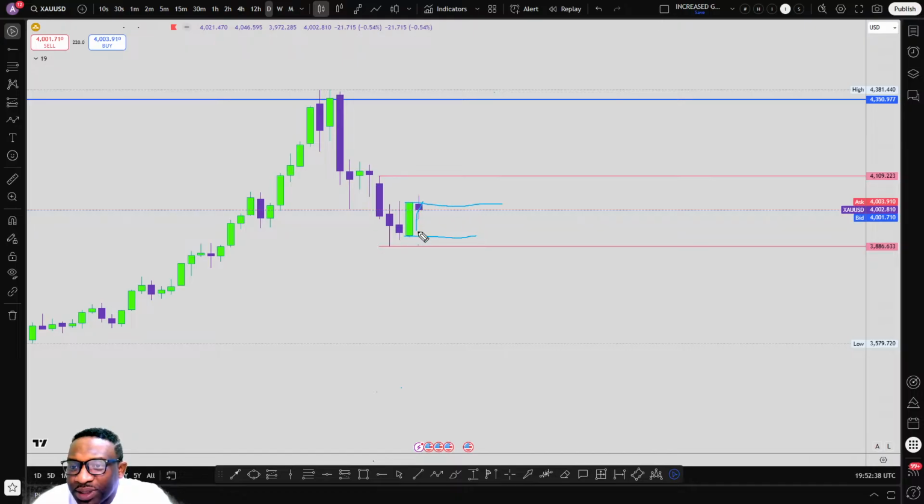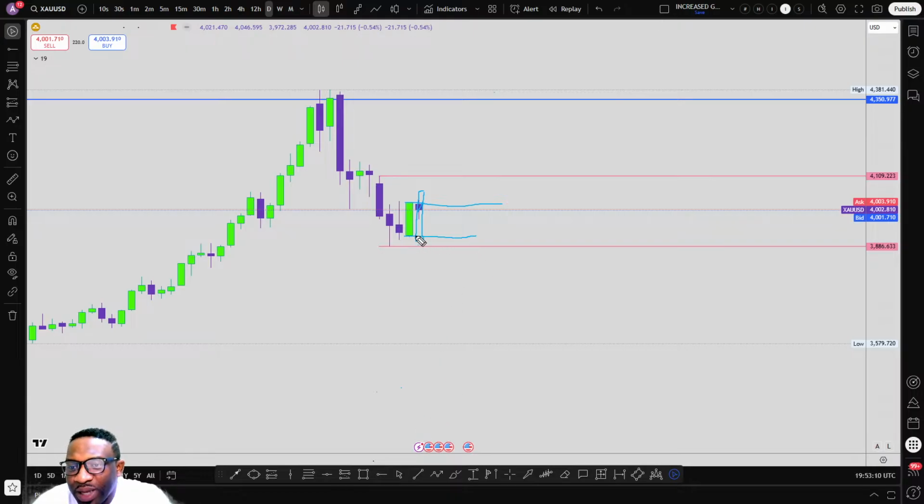Whatever happens this week, if we are contained within this bullish engulfing candle, not having a body close below here, then we are in for much more upward moves.